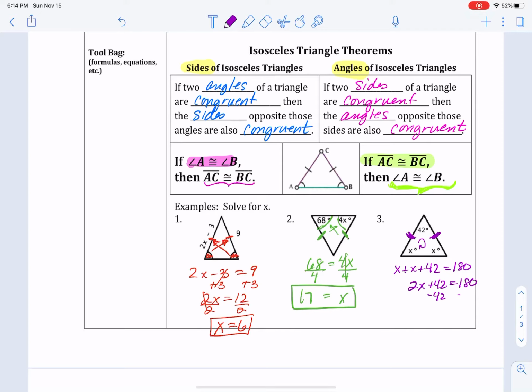Subtract 42 from both sides. 2x equals 138. Divide, and I get x is 69. That means that both angles are 69 degrees, and were I to check, 69 plus 69 plus 42 equals 180.